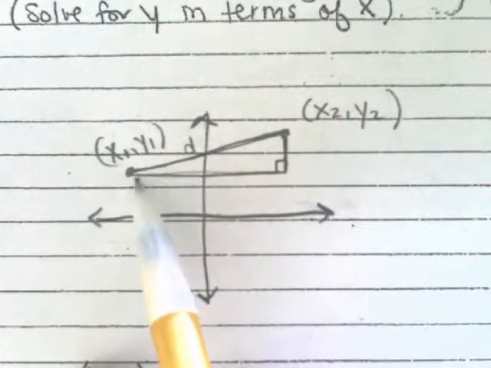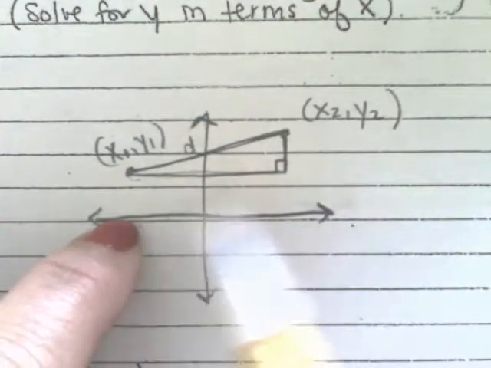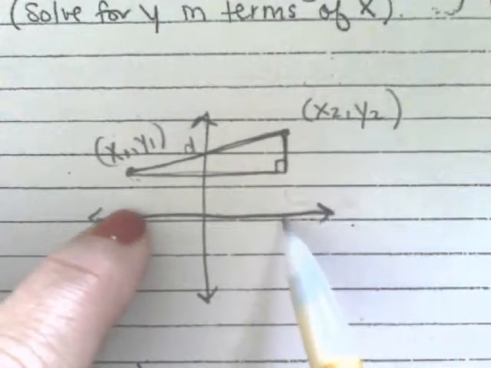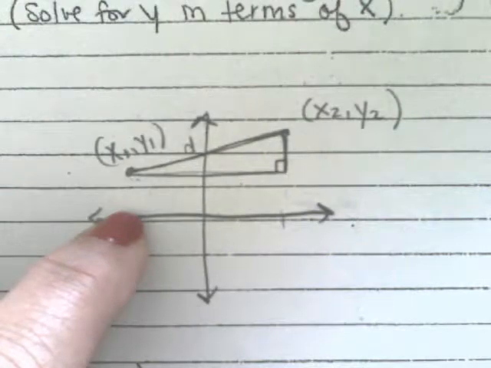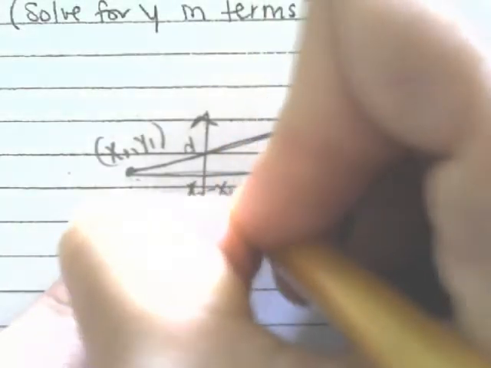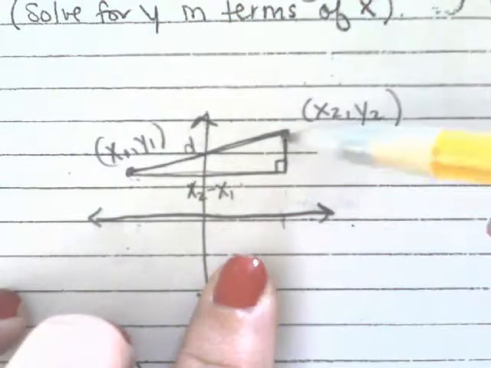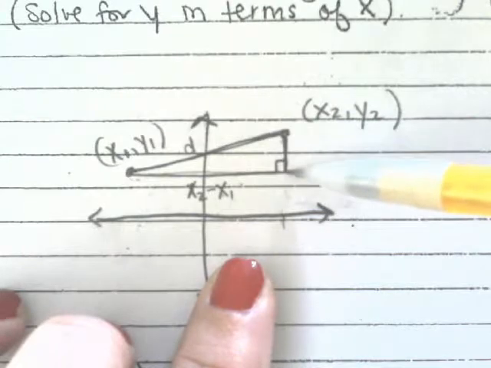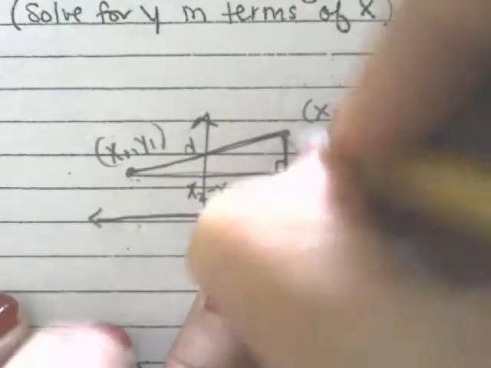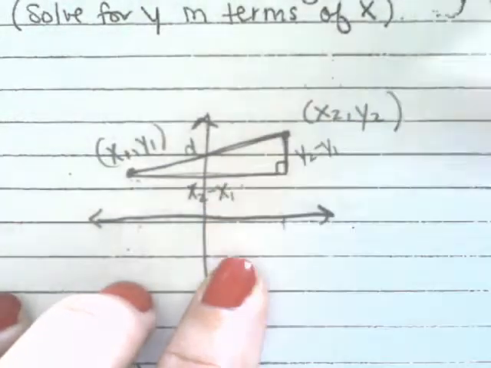So the length of this side going from the first x-coordinate to the second x-coordinate is x2 minus x1, agreed? This is a length going from the second y coordinate to the first y coordinate, so the difference between those. So that's y2 minus y1.